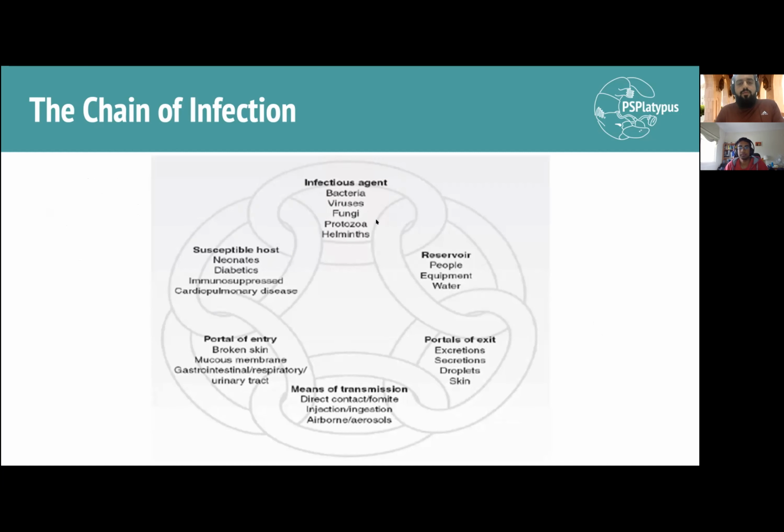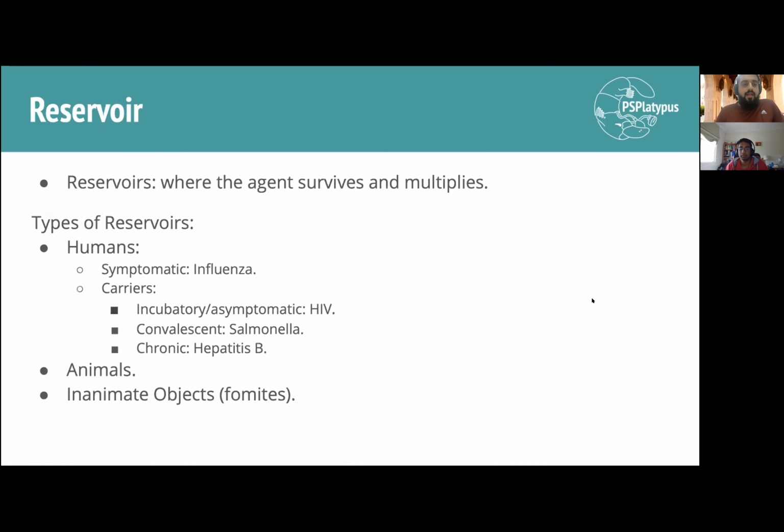We've already gone through the infectious agent, which involves these microorganisms or pathogens. We'll first go through the reservoirs.